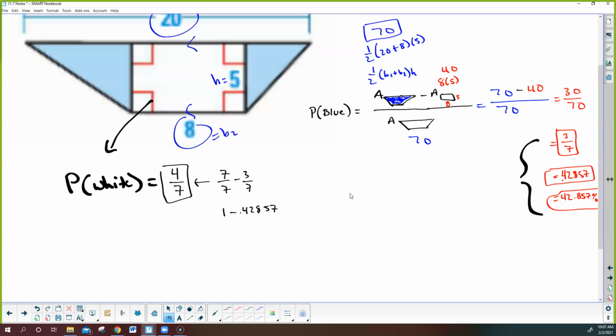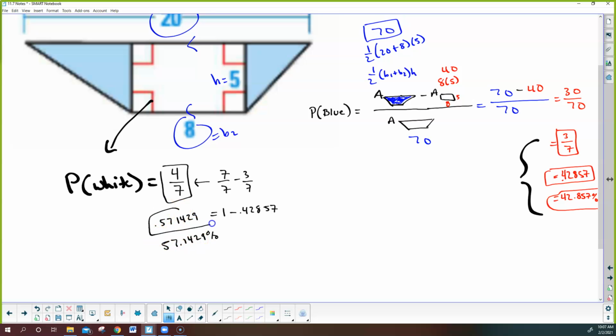If I do 1 minus that answer, that would be 0.571429, or if I move that over to a percent, you could even round that up to a 3 right there.